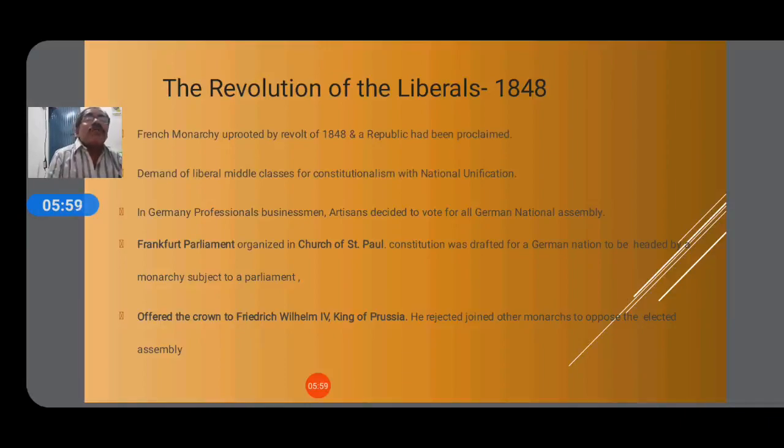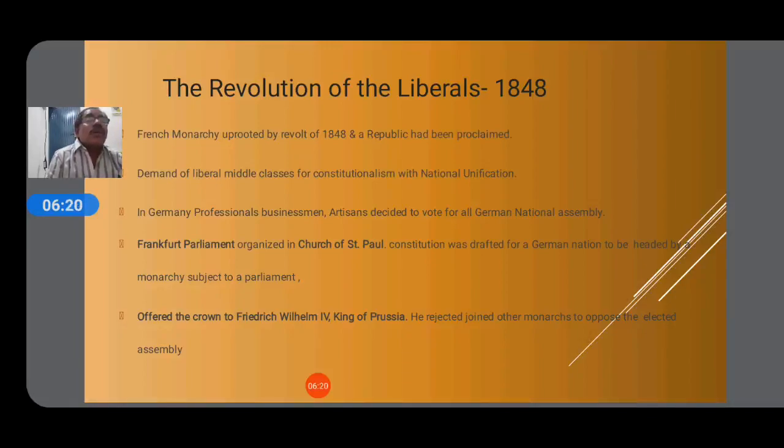The demand of liberal middle classes for constitutionalism and national unification. In Germany, professional businessmen and artisans decided to vote for an all German National Assembly. The Frankfurt Parliament was organized in the Church of St. Paul.